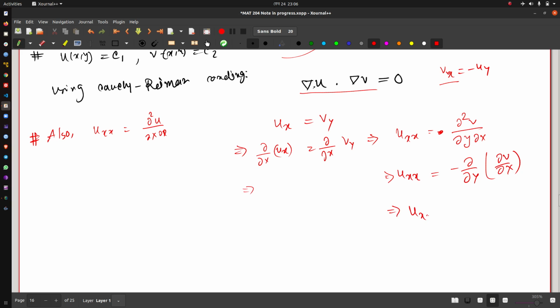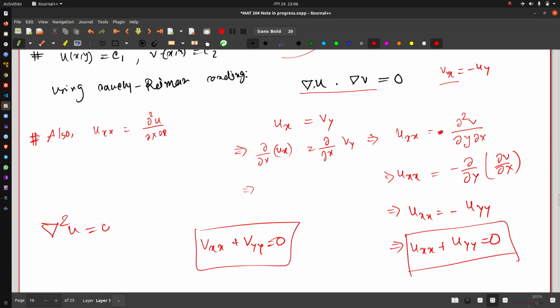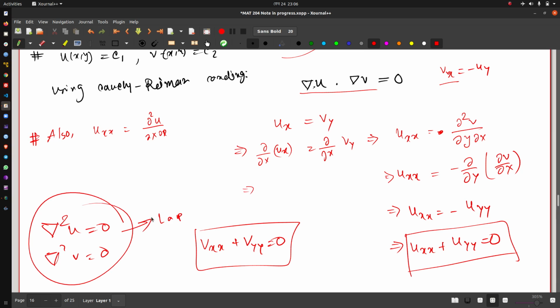So what you have ultimately is uxx, the second derivative of u with respect to x, plus the second derivative of u with respect to y. You just pull this thing to the left side, and voila, this is Laplace's equation. Similarly, you can show that this is also true for v, and together you can write del square u equals 0, del square v equals 0, and these are Laplace's equations.